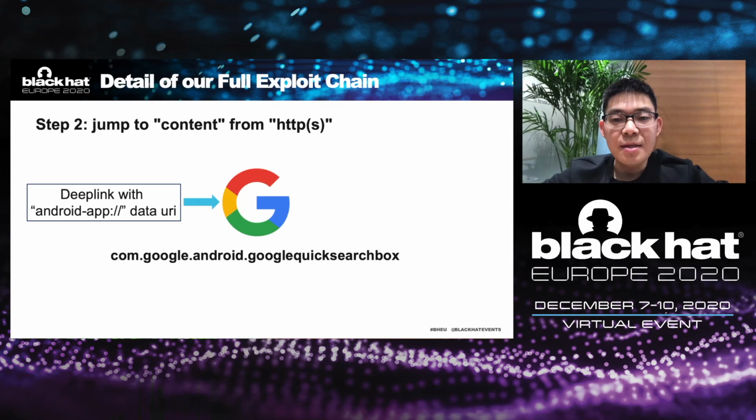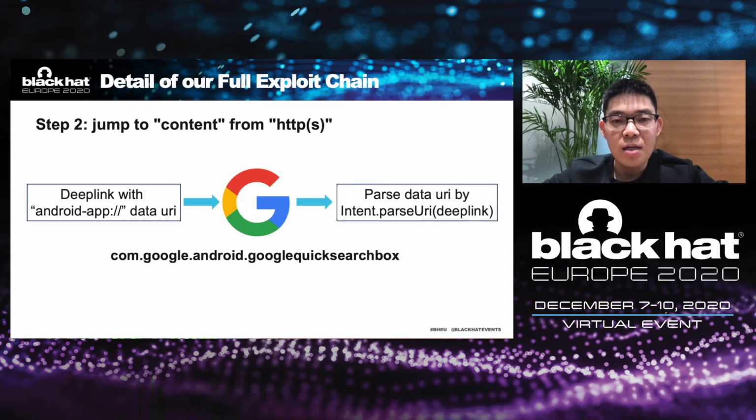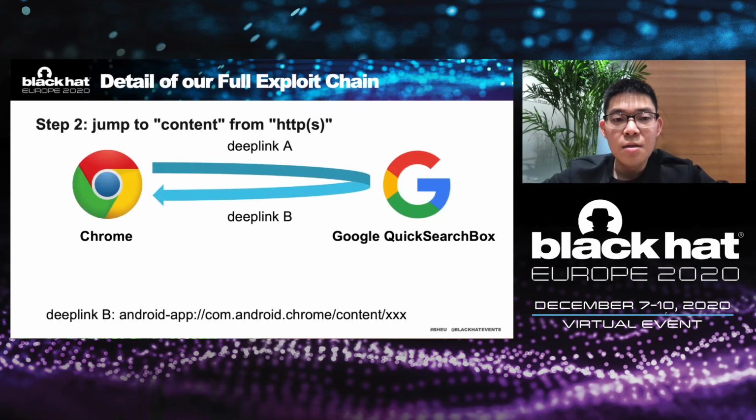Then pass the data URI by intent.passURI function. So we can get the deep link A like this.